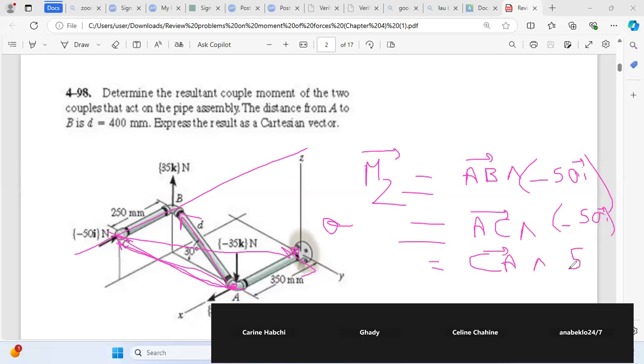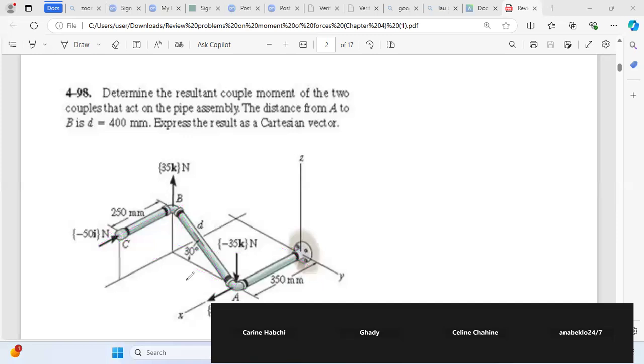Now, another method, but much more complex. I advise you, when the couple is not simple, not parallel to a known plane, it's easier to do vectorial. But this doesn't mean it's the only method. When I want the moment of the couple M2, it's equivalent to selecting any point in space, since the moment of a couple is independent of the point.